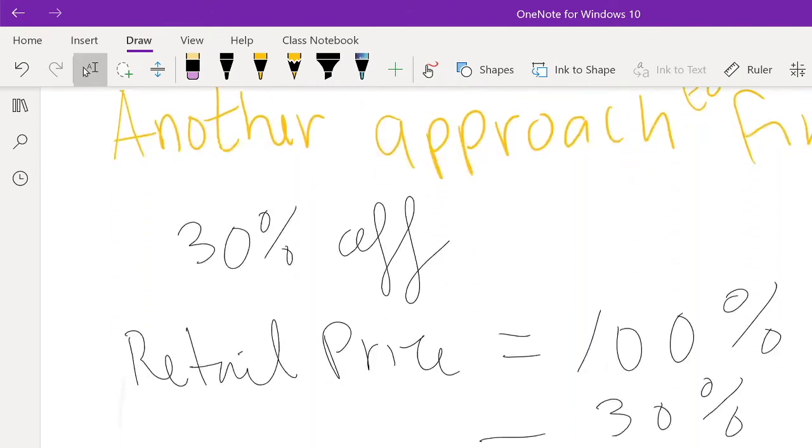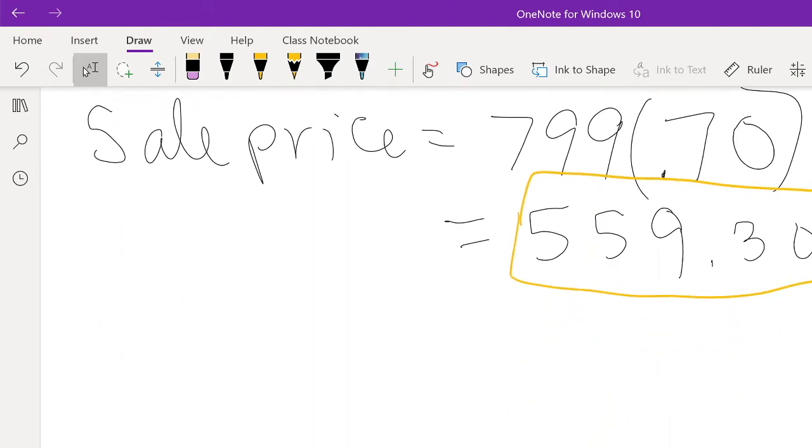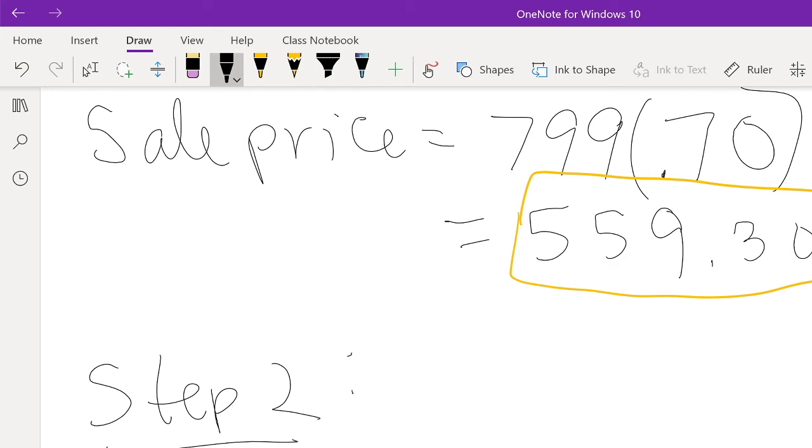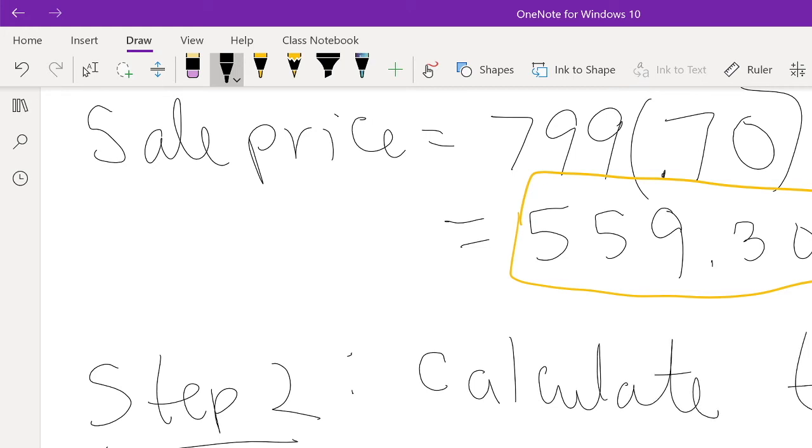Step 1, we calculated the sale price. So step 2, we're going to calculate the total cost. That includes the sale price plus tax.